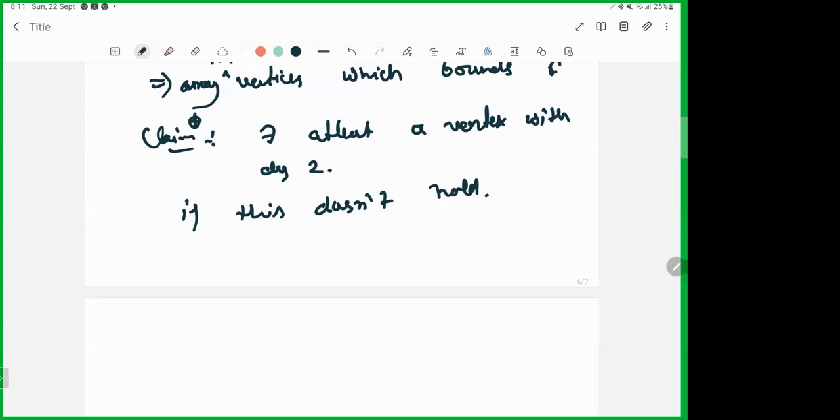In that case, each of the vertices has a single neighbor with degree 1, and then maybe that neighbor has some other bounded regions with it. Yes, that's what I'm worried about.